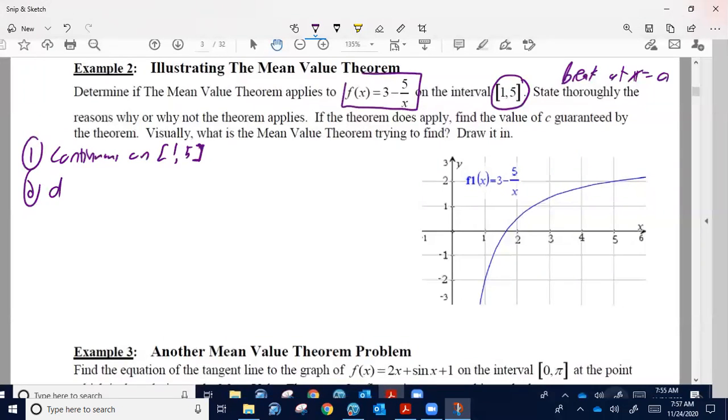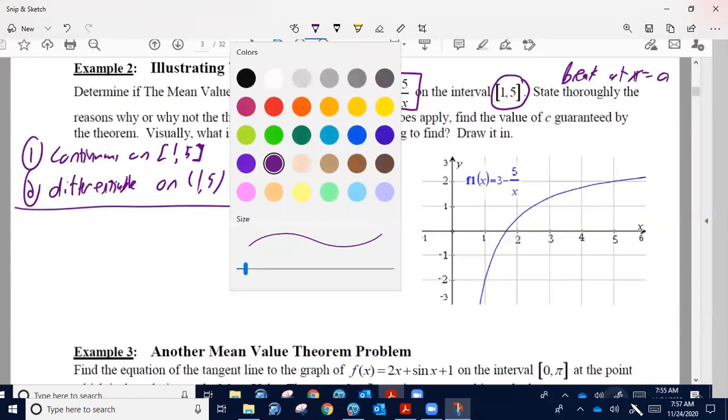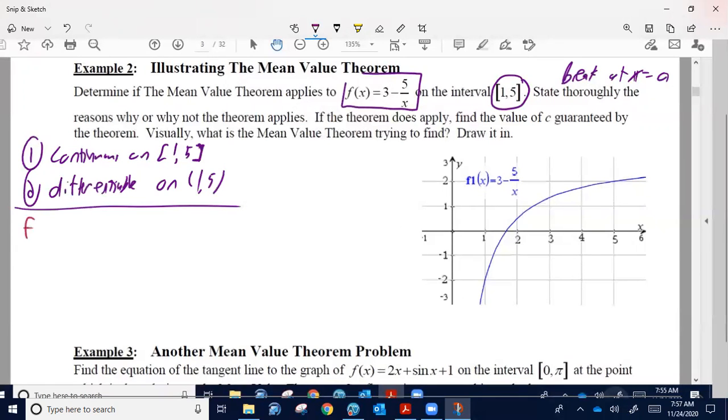This is also going to be differentiable. If it's continuous, it's typically differentiable unless you have those absolute values. So since it's continuous and differentiable, there has to be a spot where the slope equals the derivative. So the derivative of this, f prime, is going to be, well, the derivative of 3 is 0. 5 over x, we don't really like that.